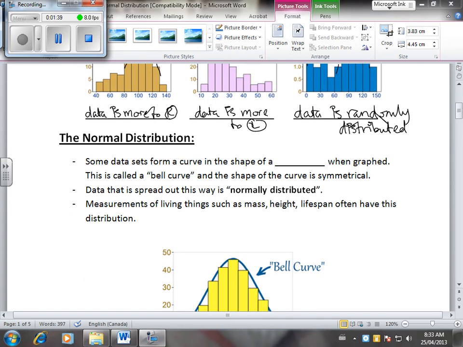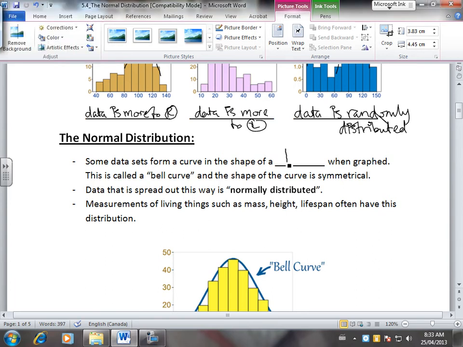Okay, so when we talk about normal distribution, what we talk about is how some data sets will form a curve in the shape of a bell when they're graphed. And we call this a bell curve. Like a bell that hangs in the churches, right? It looks sort of like that, so we call it a bell curve.